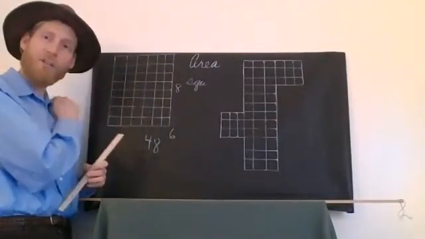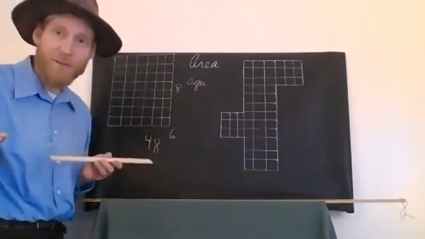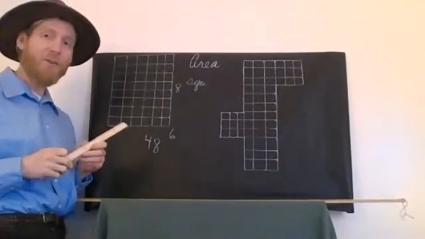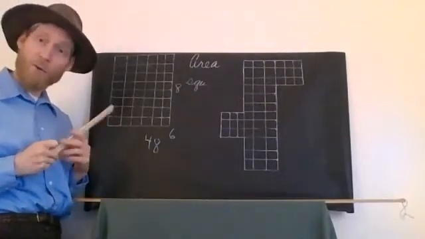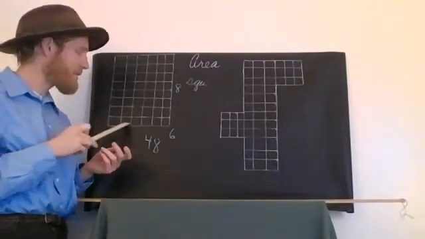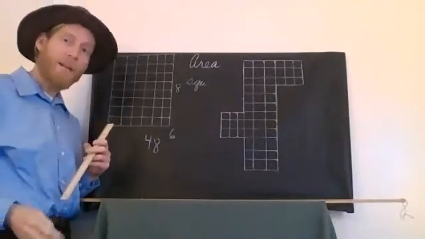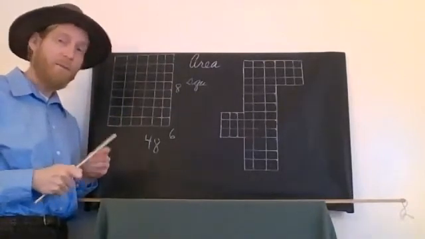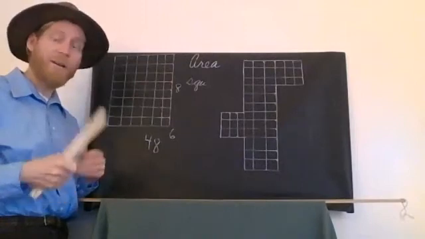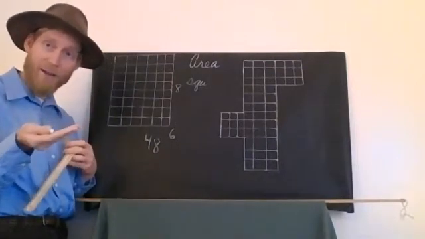This comes to the practical. Why would you need to know how to do this? Inside your house, you're going to buy some carpet for your room. And if it was this long one way and that long the other way, you'll know how many square feet or square inches you need to find it for. So you'll know how much to buy.